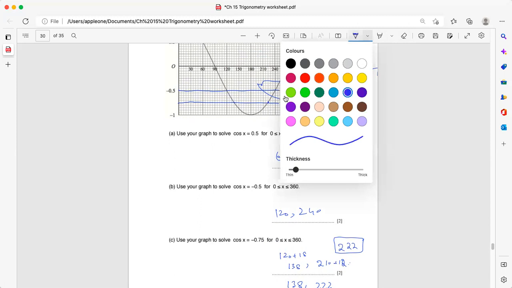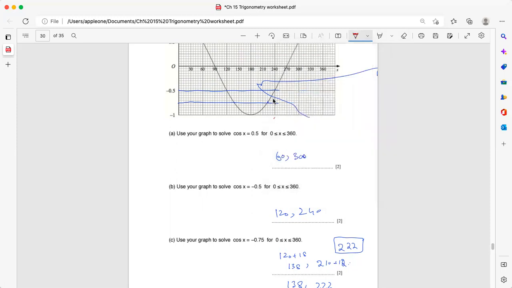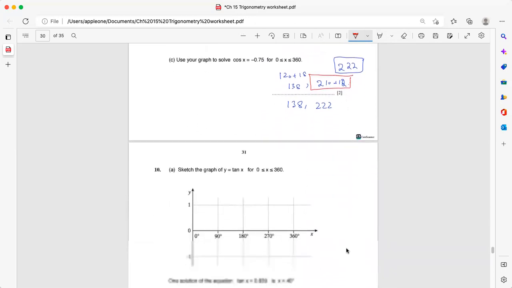See, he is touching the curve at this point. So when you go from here to the line, this is 6 and 6. So 210, yeah, it's correct. 210 plus 12, it's correct. 222. This question done. Let's go to next question.